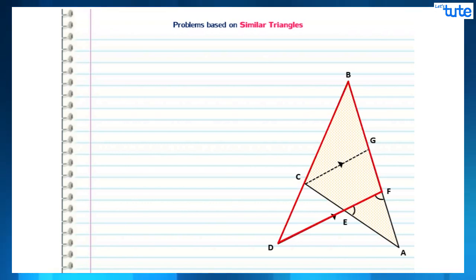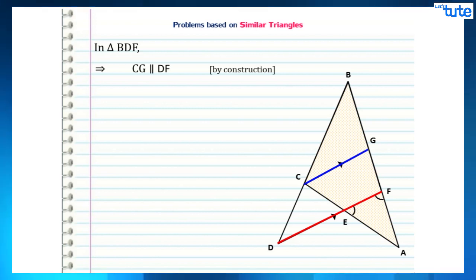Similarly, in triangle BDF, by construction, CG is parallel to DF. And by applying basic proportionality theorem, that is BPT, we get BC upon CD equals BG upon GF.